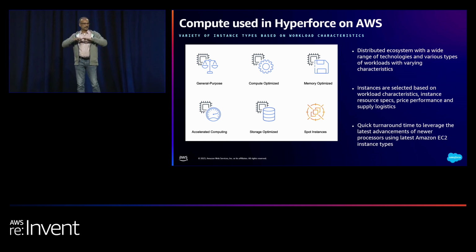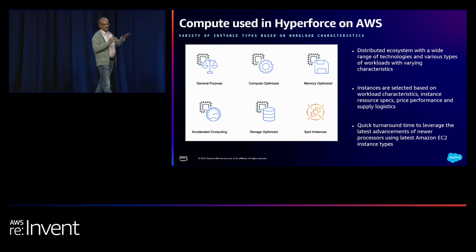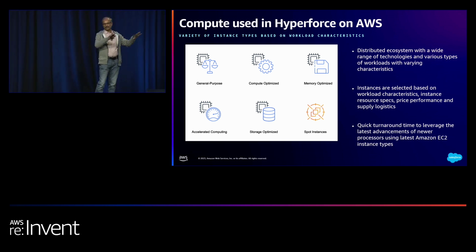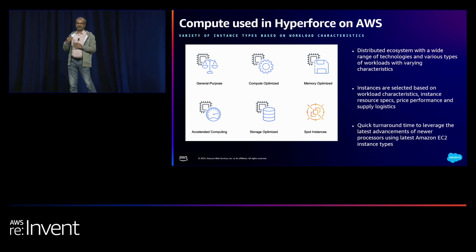Hyperforce is spread across so many regions, but we don't always have the latest and greatest instance types available across the board. So we take that into consideration, and then we prepare our rollout plans where we have a very strict stagger in terms of how we deploy the new instance types to our production fleet.